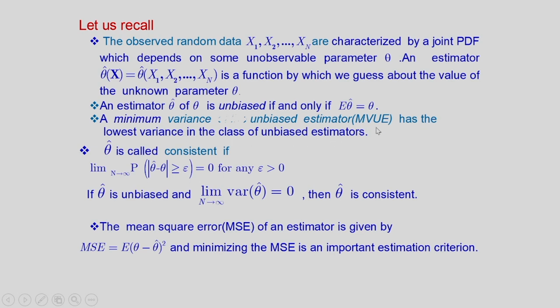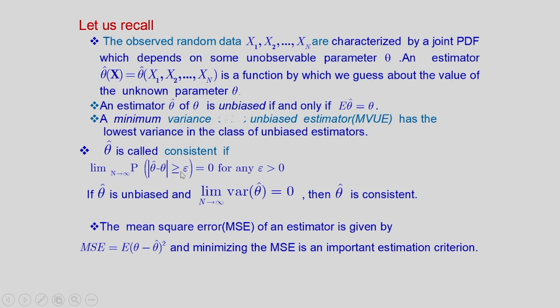So, this is one of the important estimators, that is minimum variance unbiased estimator MVUE. And an estimator theta hat is called consistent if the probability of any arbitrary deviation goes down to 0 as n tends to infinity. So, this is the definition of consistent estimator.